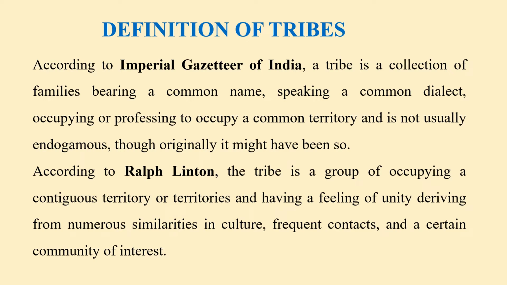According to Ralph Linton, a tribe is a group occupying a contiguous territory or territories, having a feeling of unity deriving from numerous similarities in culture, frequent contacts, and certain community of interest.